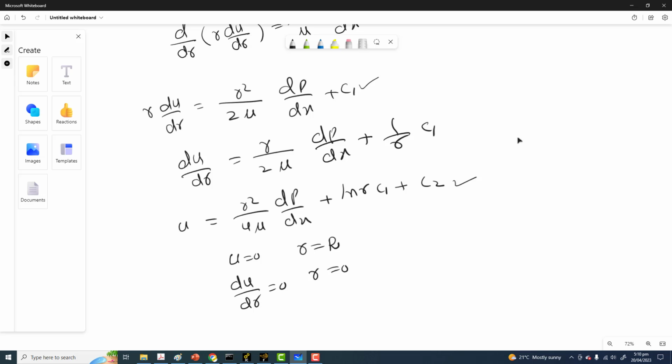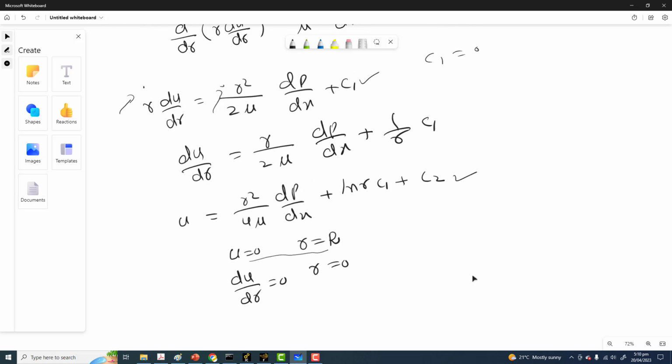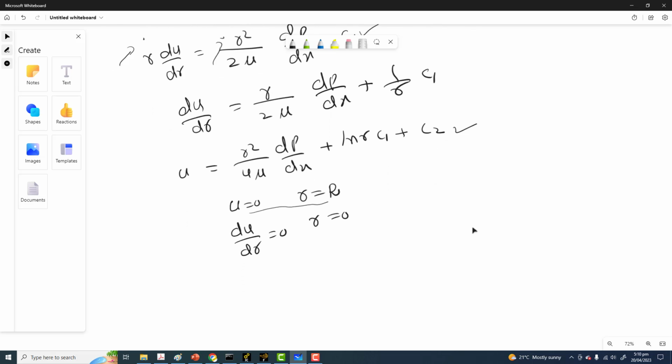So this term will be 0, and this term also will be 0. It means that C1 is equal to 0, so this term is now removed. Now applying u = 0 at r = R: 0 = R²/(4μ) dp/dx, and since C1 is 0, the log term is 0, plus C2.